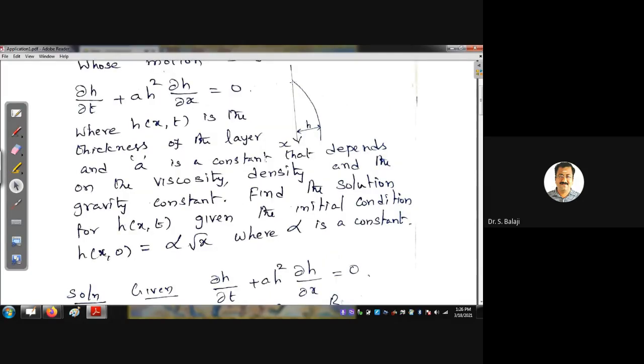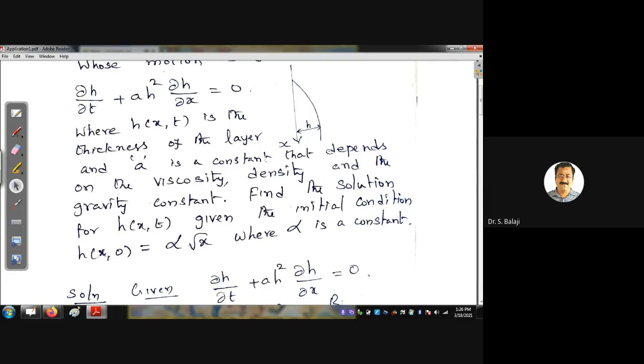This is the liquid going down the vessel. In the lower part you can get the thickness of that liquid layer, and you can get somewhat higher values elsewhere. Here you are finding the solution h of x comma t, which is the thickness of the layer, and a is a constant.